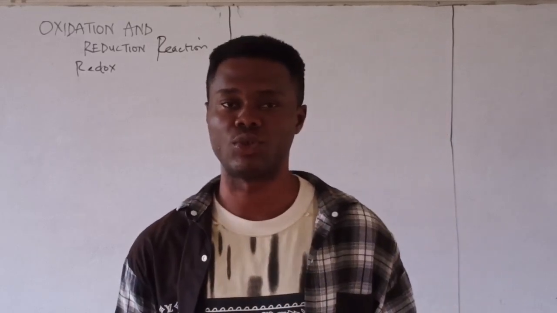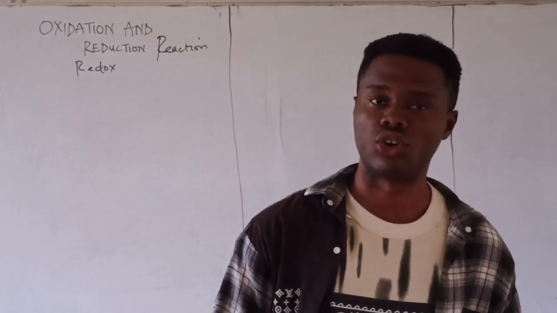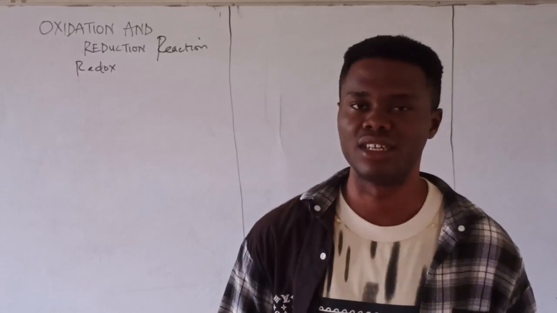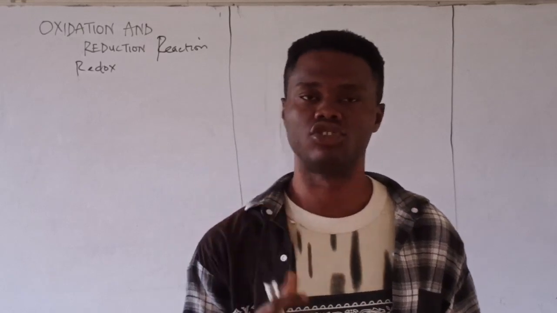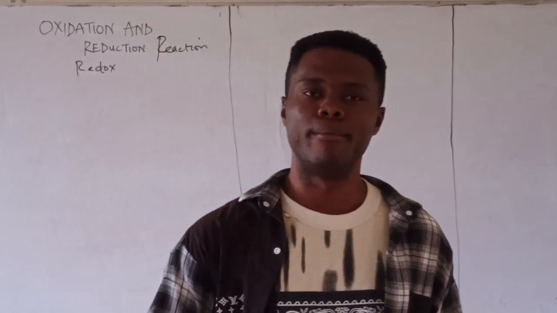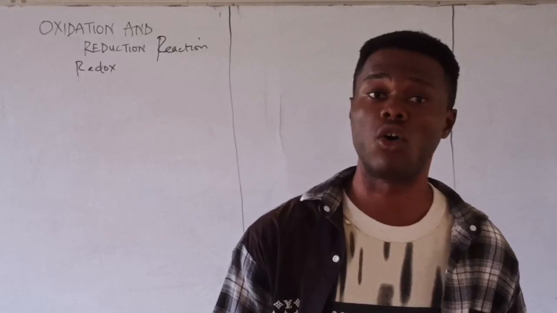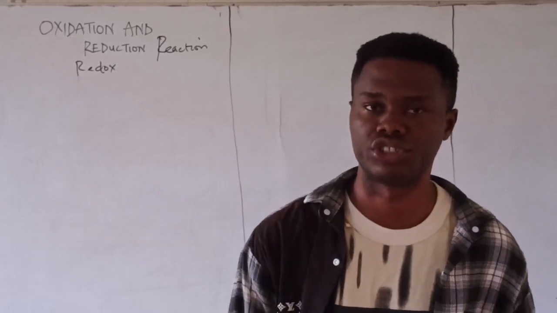Oxidation and reduction also occurs during the metabolism of our food. Oxidation and reduction can also be applied in engineering, like during the production of metals. Metals are being reduced from their ores, and what happens there is also oxidation and reduction.